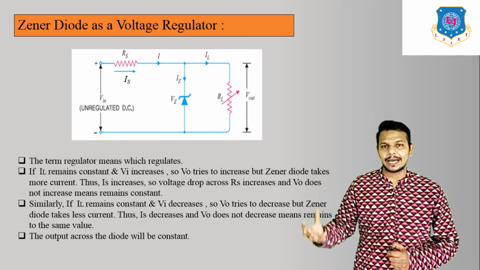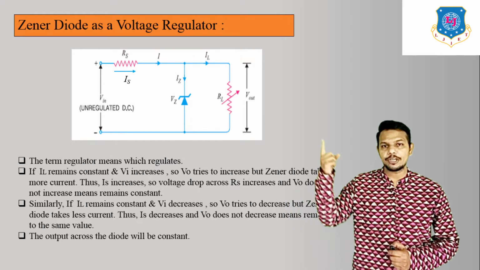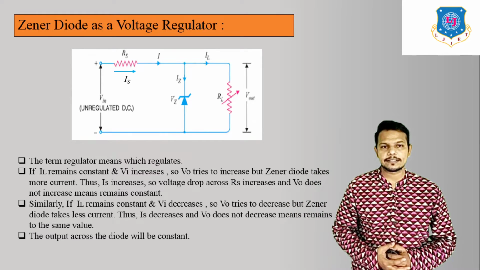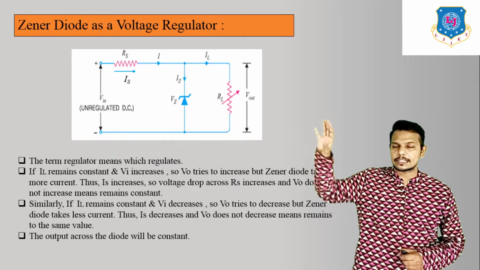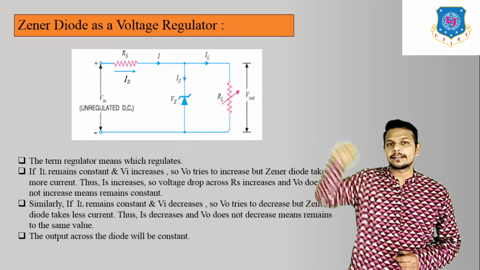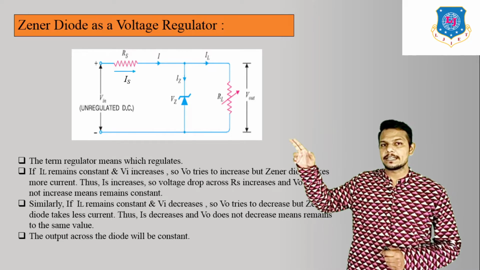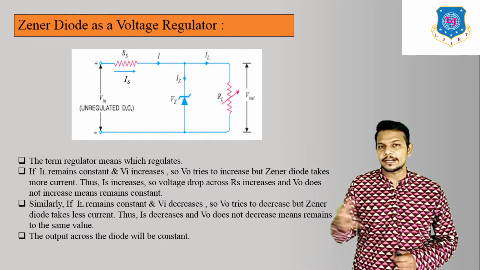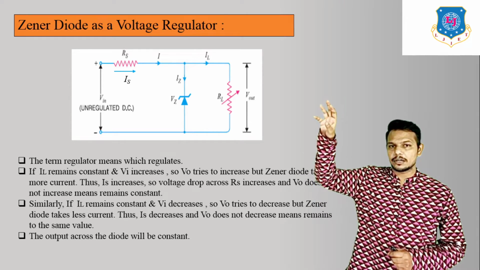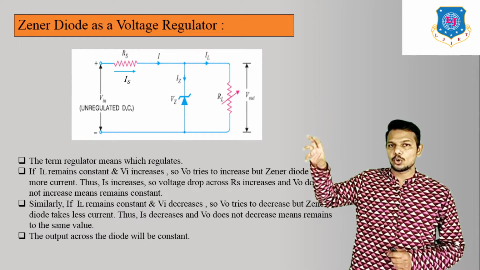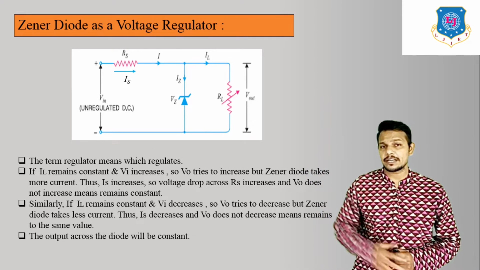But the Zener diode takes more current, IZ, the Zener current, so IS increases.